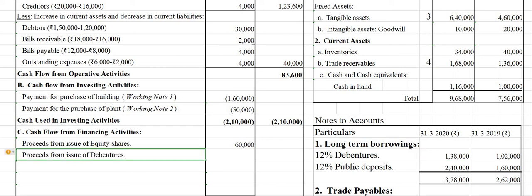So proceeds from issue of debentures 36,000. Okay. Then public deposits. What happened to public deposits? 1,60,000 and 2,40,000. So we have got 80,000 more this year. That means public deposits issued 80,000.